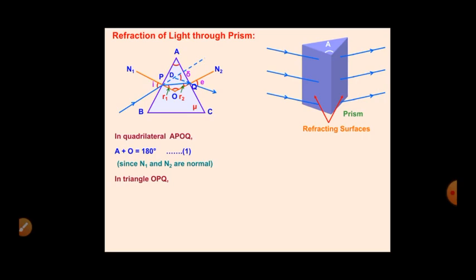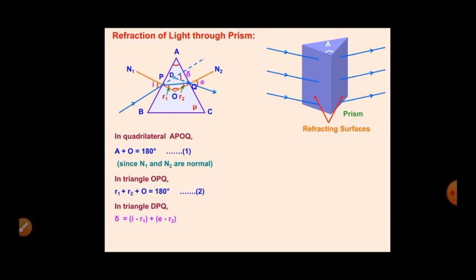In triangle OPQ, R1 plus R2 is equal to 180 minus O, which is also equal to A. Solving these two equations, we find that R1 plus R2 is equal to A. So the angle of prism can be easily calculated using the refraction angles.